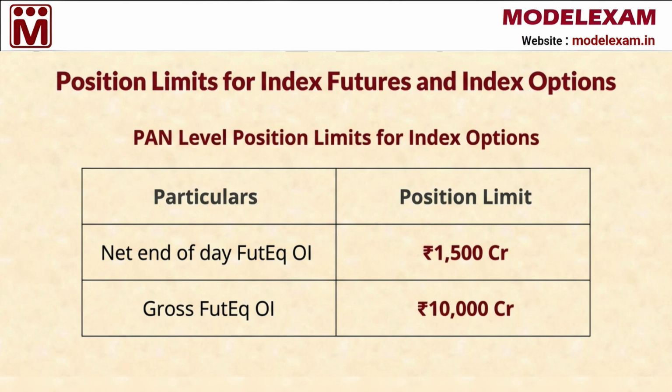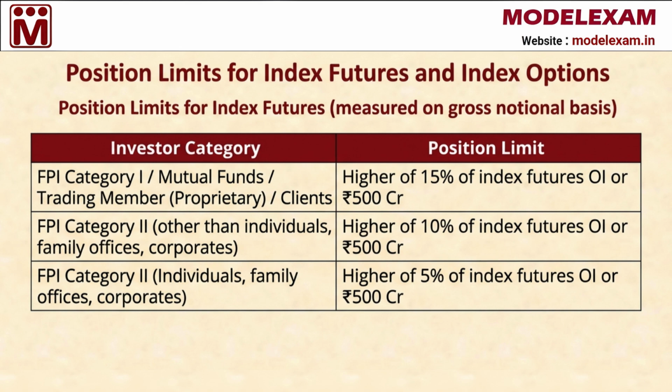These hard financial ceilings ensure that no single entity can build up a dangerously large position under a single tax identity. Similar strict limits exist for index futures, and these are measured on a gross notional basis across different investor categories. For mutual funds, proprietary trading members, clients, and category 1 foreign portfolio investors, the limit is the higher of 15% of the index futures open interest or rupees 500 crores.